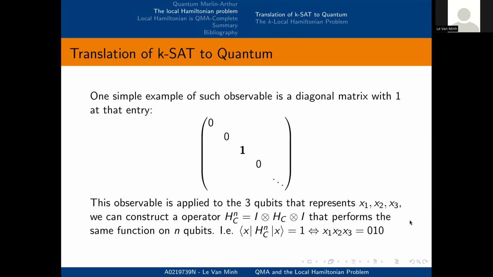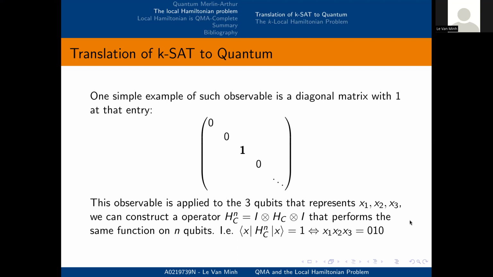One simplistic example of such an observable is just a diagonal matrix with 1 at the index 2. This observable is applied to the 3 qubits that represent x1, x2, and x3.